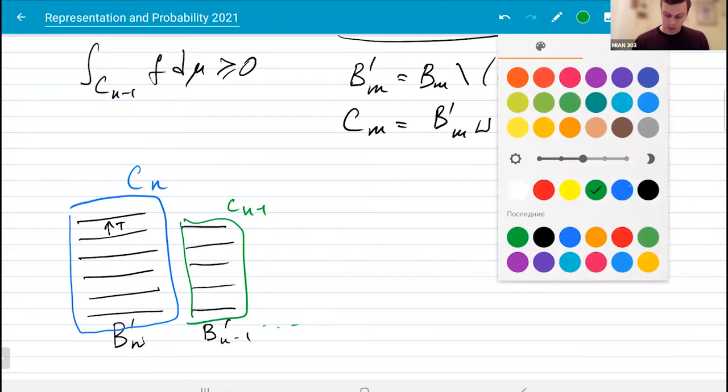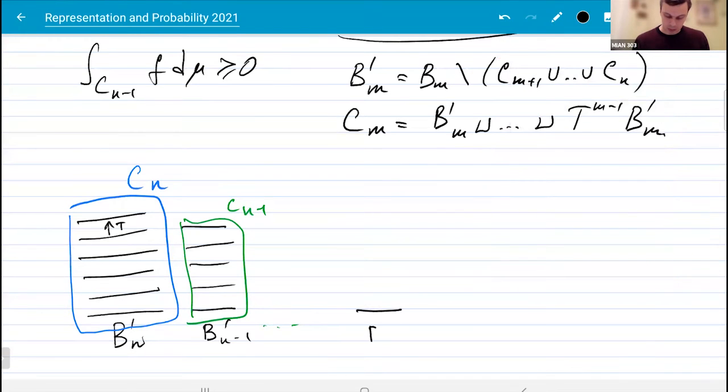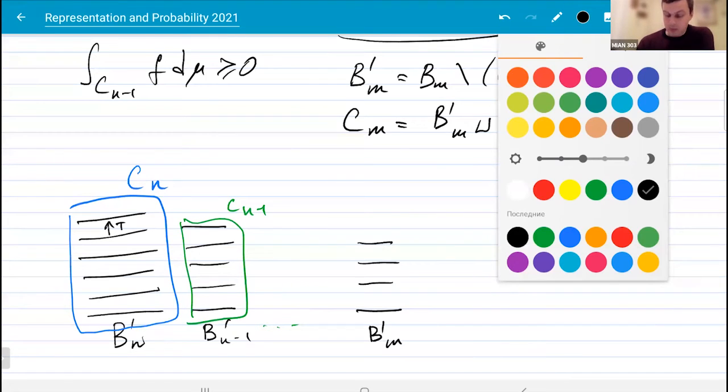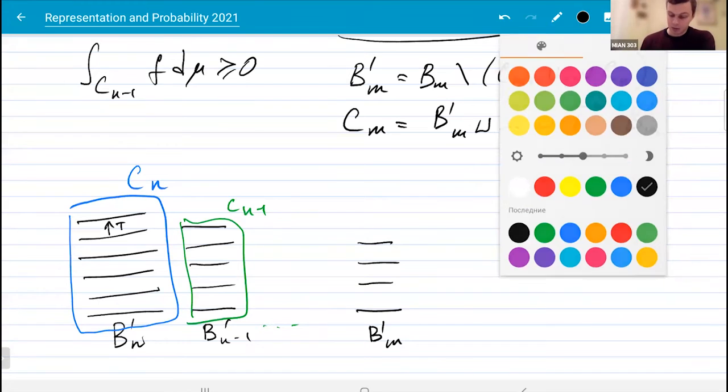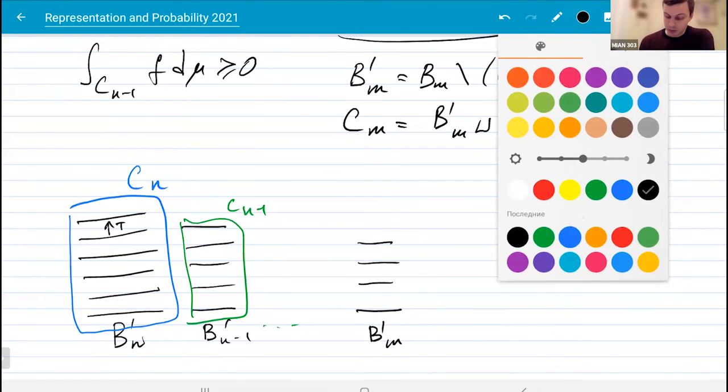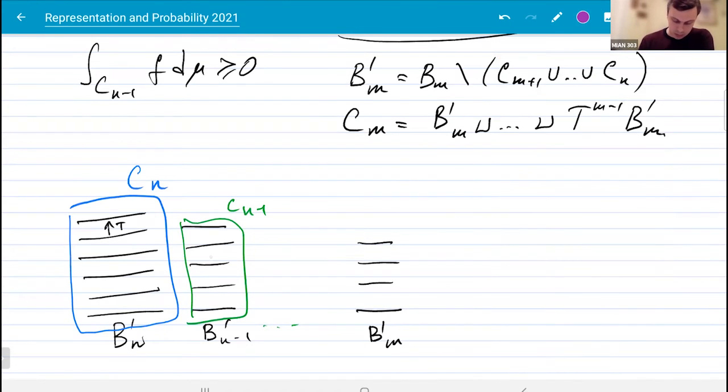And so here is B prime m, and so on. So assume that two of these levels intersect. So assume that some point belongs, for example, somewhere here and somewhere here.